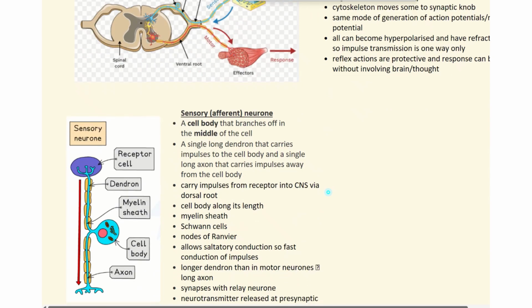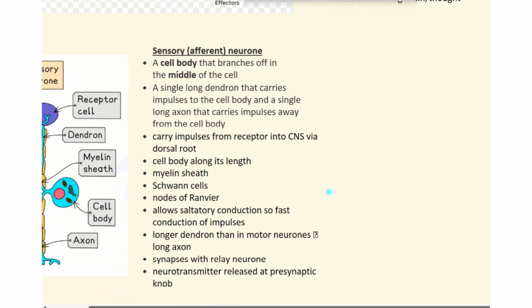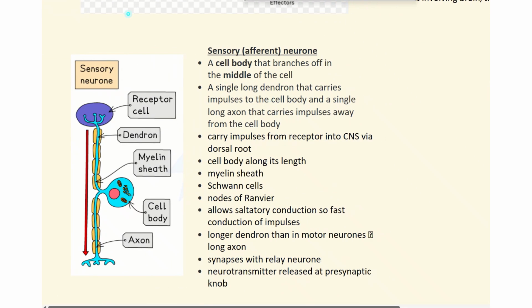So, sensory neuron. Let's have a look at it here. The first thing that makes us think about what's going on here is the position of the cell body, because the cell body is in the middle. There is a structure called a dendron that takes the impulse from the receptor to the cell body.